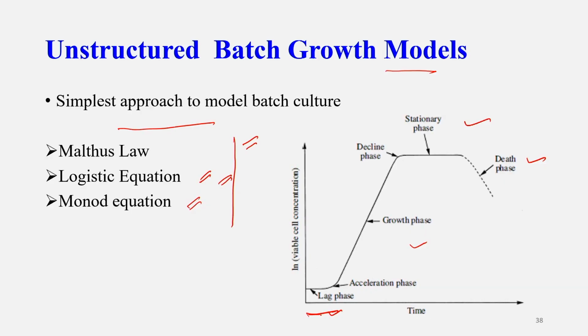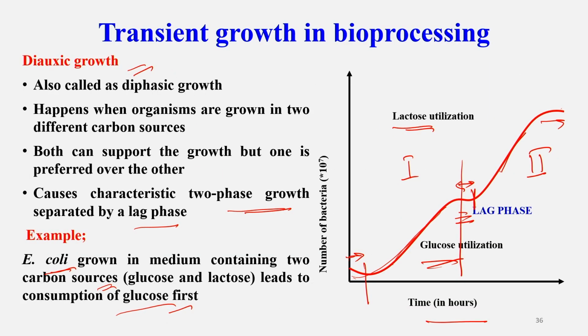Further, if we just see here in the case of unstructured, let us say batch growth model, how to take care of this lag time? Because when we saw this transient growth, let us say diauxic growth, we observed this lag time in the case of both glucose as well as maltose.